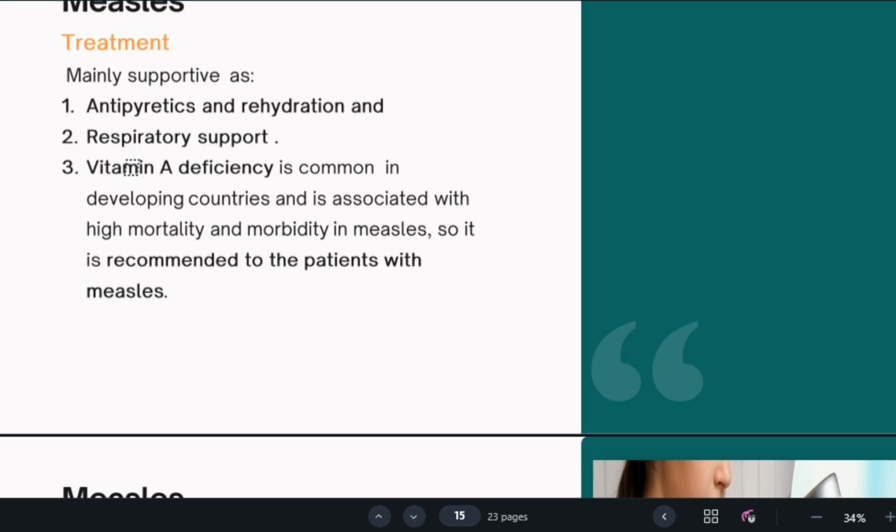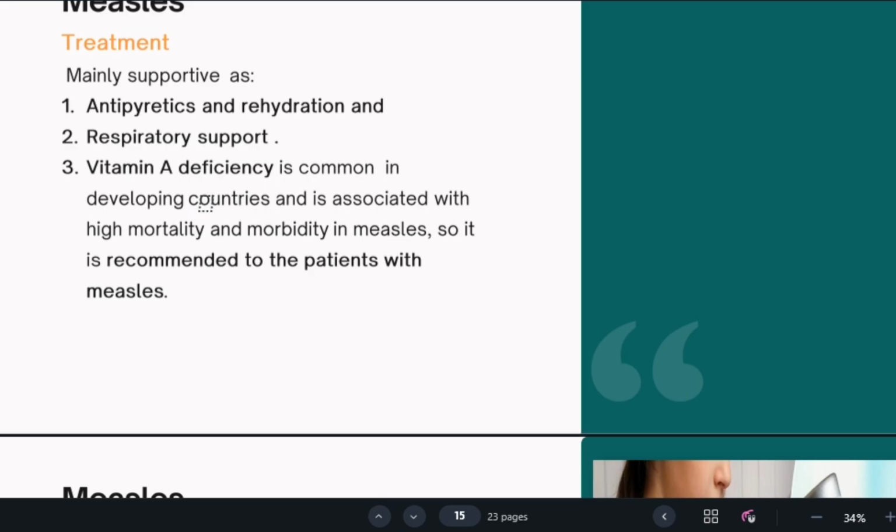It's not that deficiency causes measles; rather, if the patient has vitamin A deficiency and gets measles, he will have very serious symptoms and very serious complications.